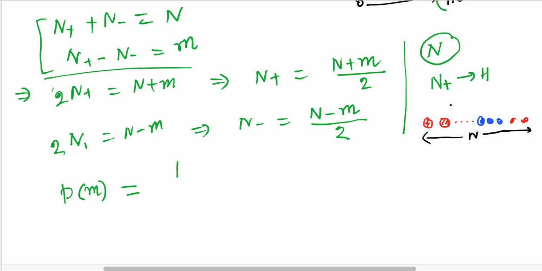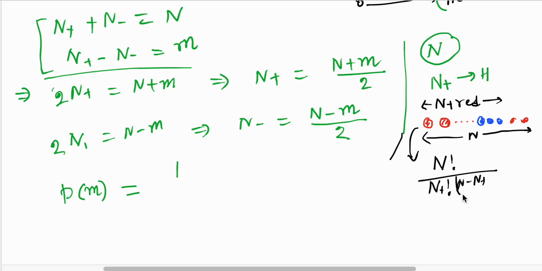I know that there are n plus red balls. Now how many ways can you rearrange this system? It is nothing but n factorial by n plus factorial by n minus factorial. So that many ways you can rearrange these red and blue balls to get n plus red balls among a total of n balls.